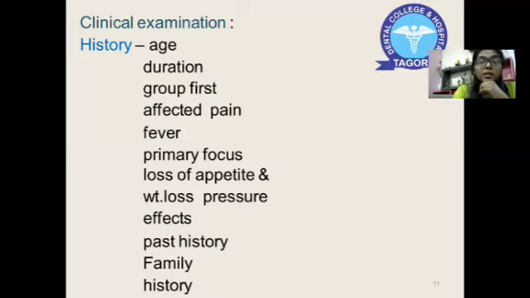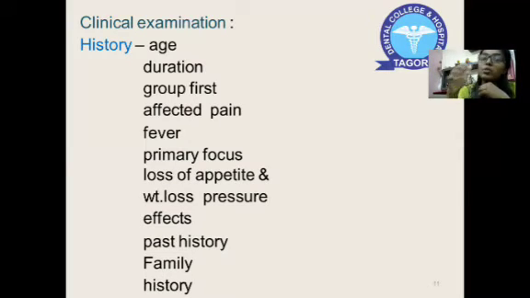For example, in TB lymphadenitis, the patient will have an evening rise of temperature, which is a characteristic feature of tuberculosis. Whereas in filariasis, the patient will have a periodic fever for more than a month. So the history of a fever will also give certain clues for the diagnosis.